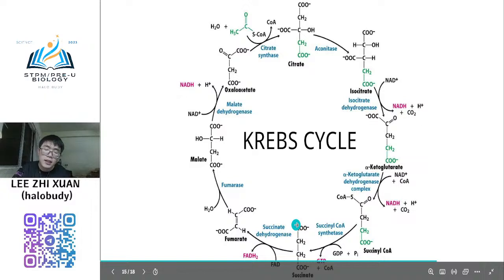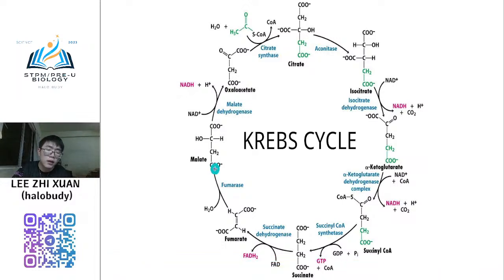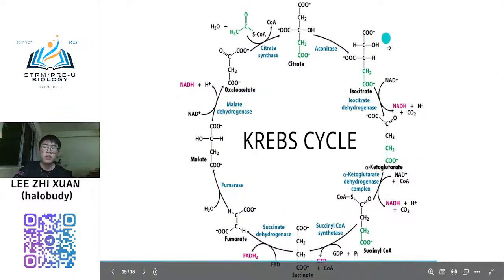After that, it undergoes hydrolysis to form GTP and succinate. Then it undergoes oxidation to form fumarate, then hydration to form malate with fumarase, and then oxidation to form oxaloacetate again. So these are all the reactions.